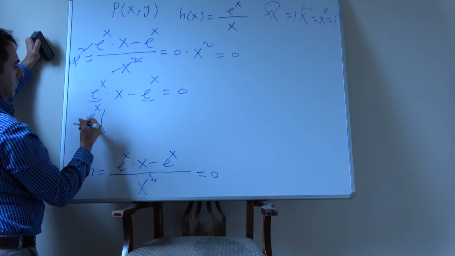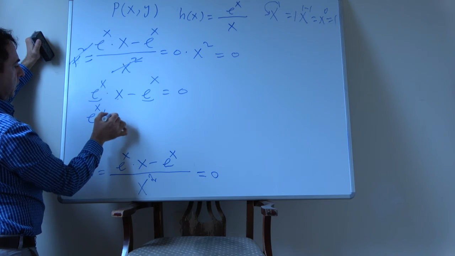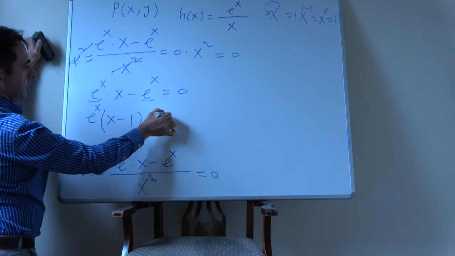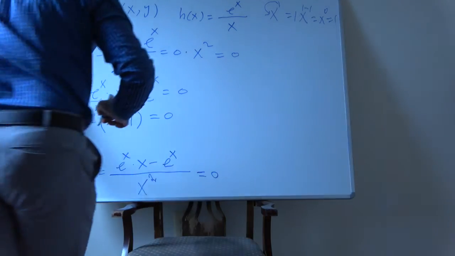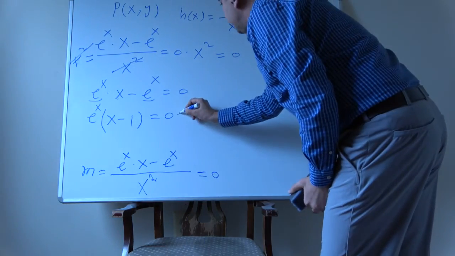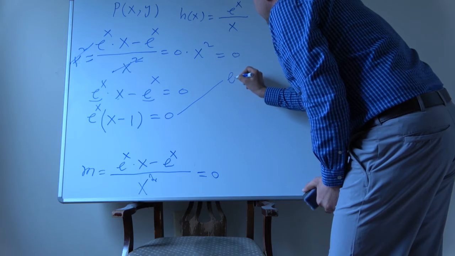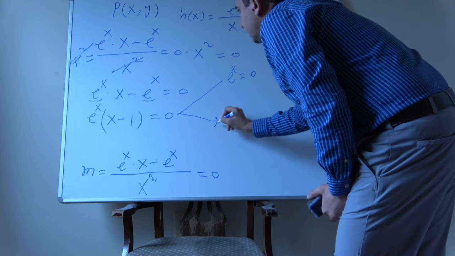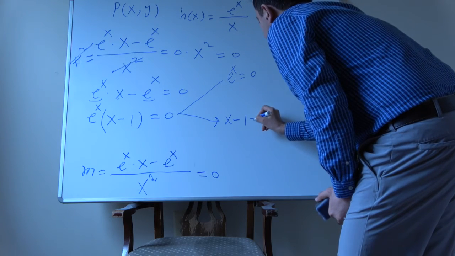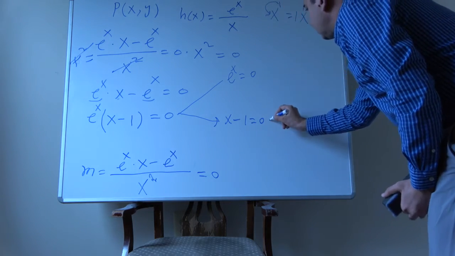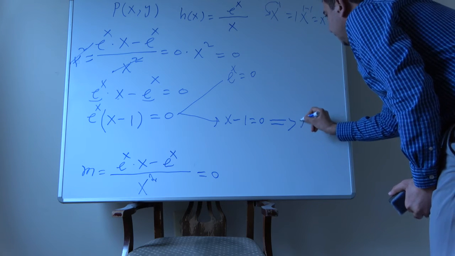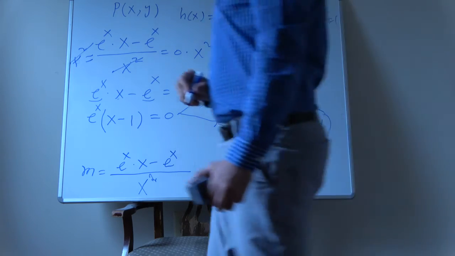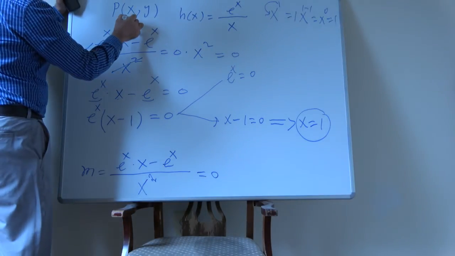Factoring it outside, here would be only x, and here would be minus 1, equals 0. So e to the power of x equals 0, or x minus 1 equals 0. x minus 1 equals 0 gives x equals 1. So we found the value for x, that's 1.